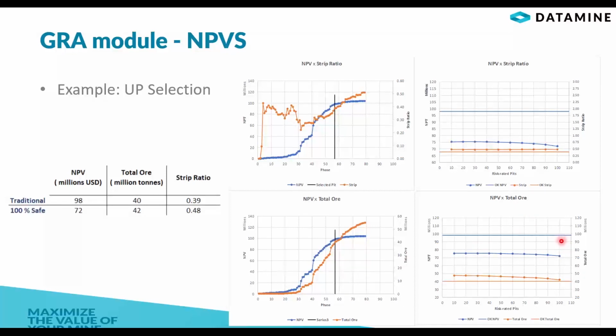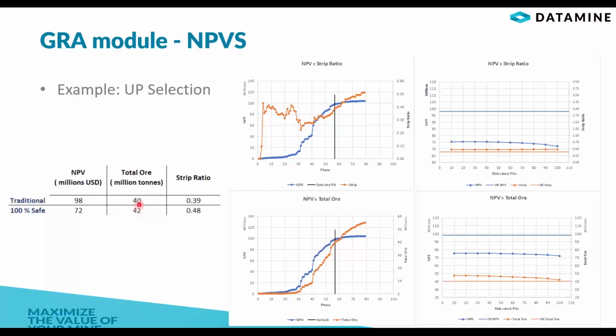Basically, the difference is that I'm losing on my NPV using that approach, but I'm not neglecting the grade uncertainty, right? So here we have a table comparing these two approaches to define the ultimate pit. The NPV for the traditional approach is 98 against this 72 for the 100% safe pit.